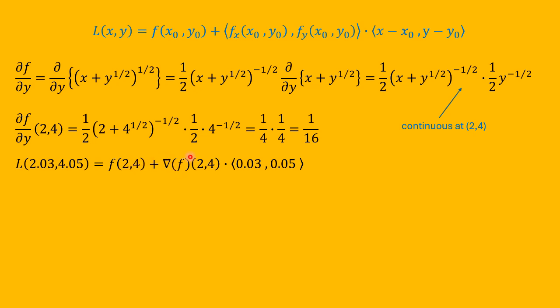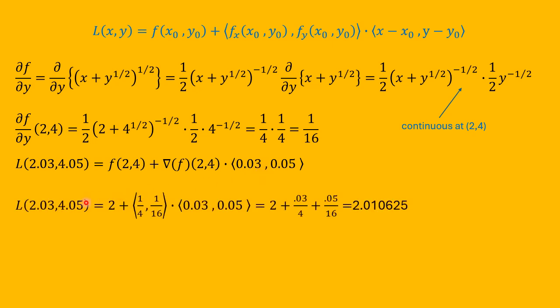So going back to our approximation formula, L of (2.03, 4.05) is f of (2, 4) plus the gradient of f at (2, 4) times (0.03, 0.05). We saw that before. And so what do we have? f of (2, 4) is equal to 2. The gradient of f at (2, 4) is this vector (1/4, 1/16), and we have the dot product of that with (0.03, 0.05).